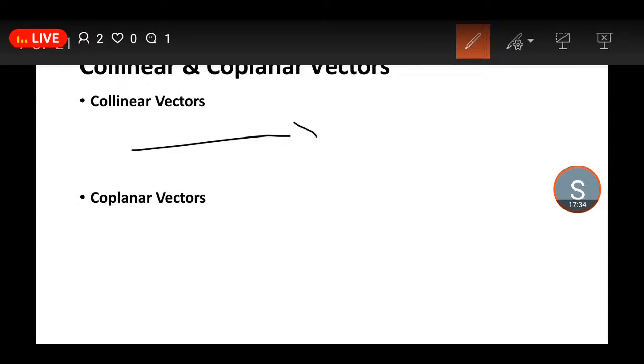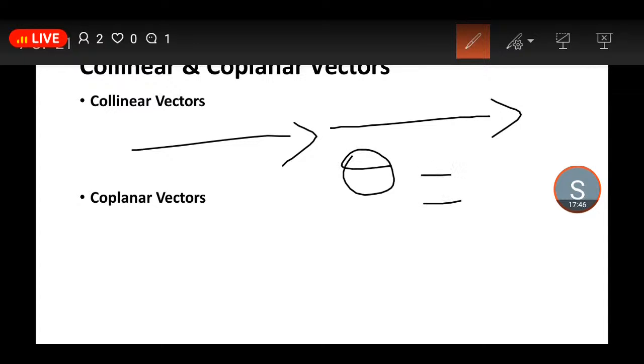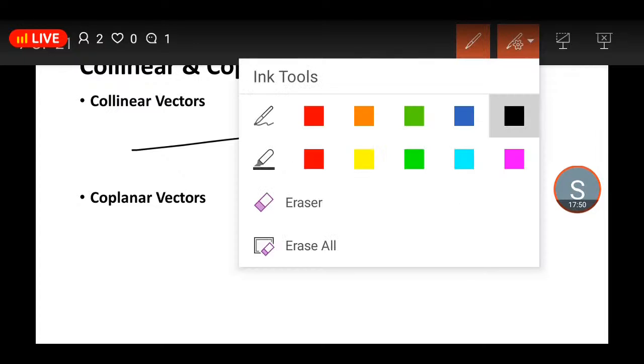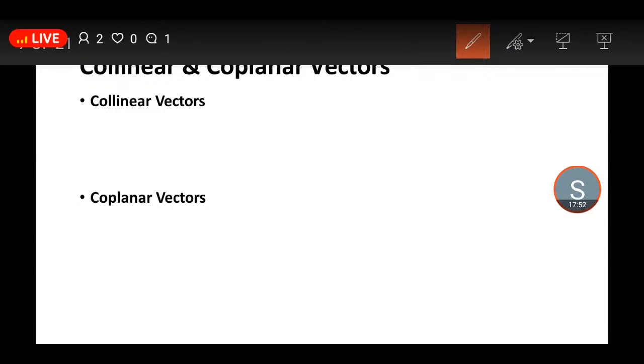Let's say this is a vector and another vector is also acting in the same line. Then this type of vectors is called collinear vectors, and theta here is also 0.